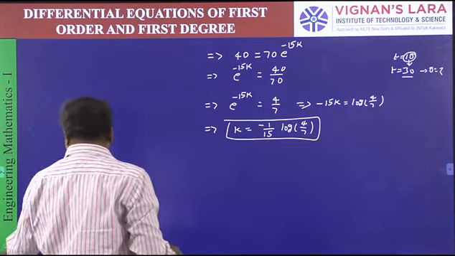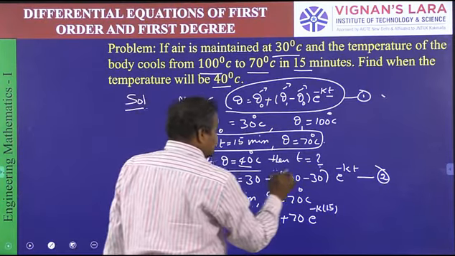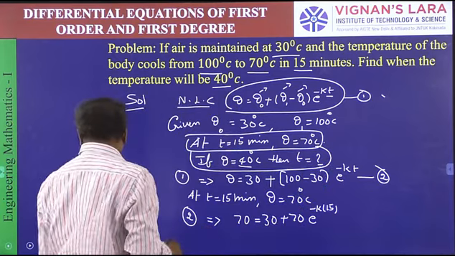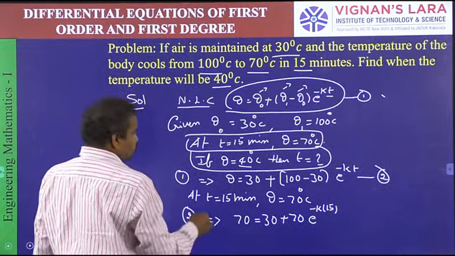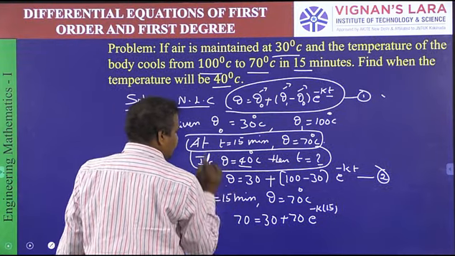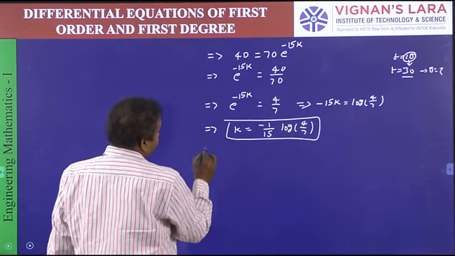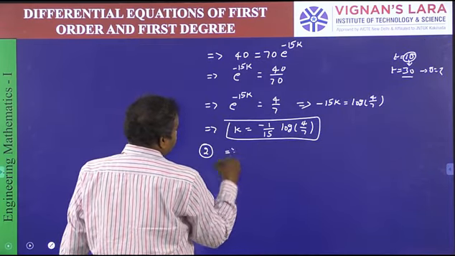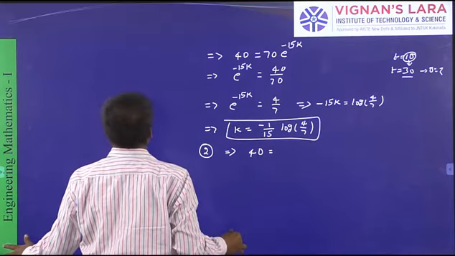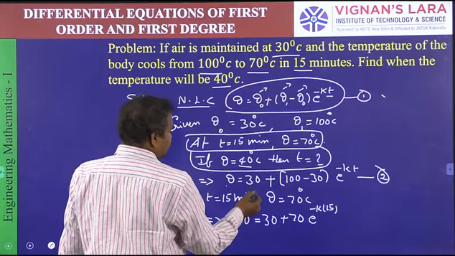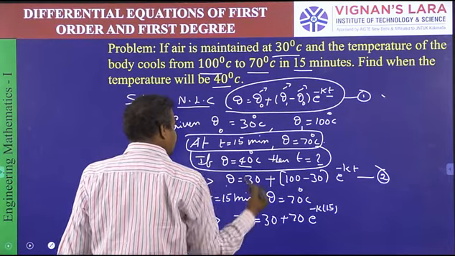Next, what we will do, we have to calculate the time value when theta is equal to 40 degrees centigrade. Again, use that condition in the equation. Then this equation changes as 2 implies theta value 40 is equal to 30 plus 70, 100 minus 30 value is 70.